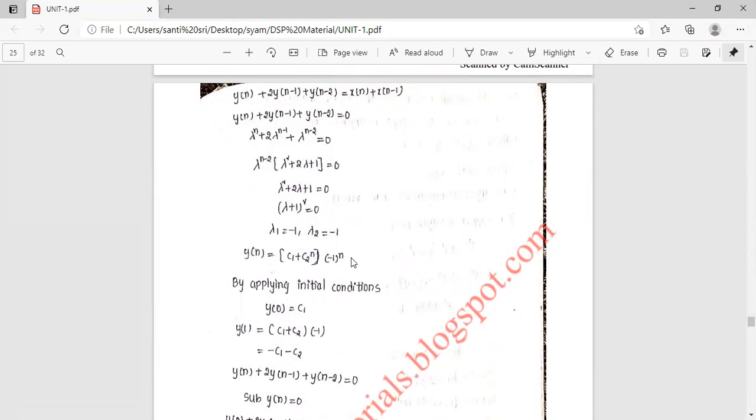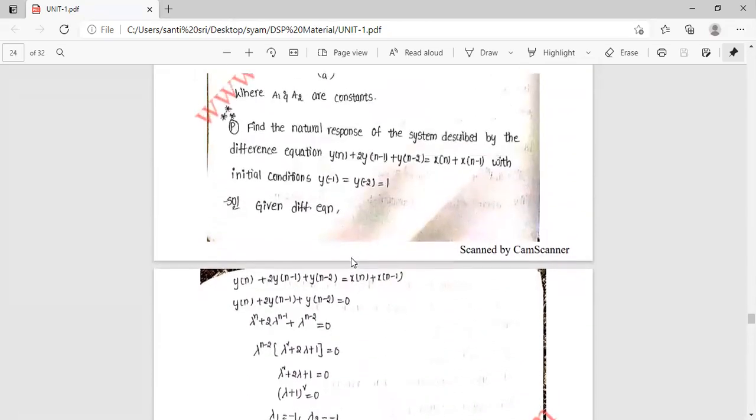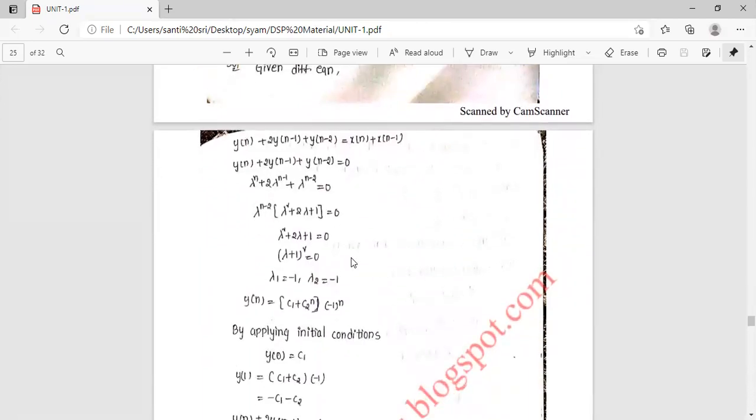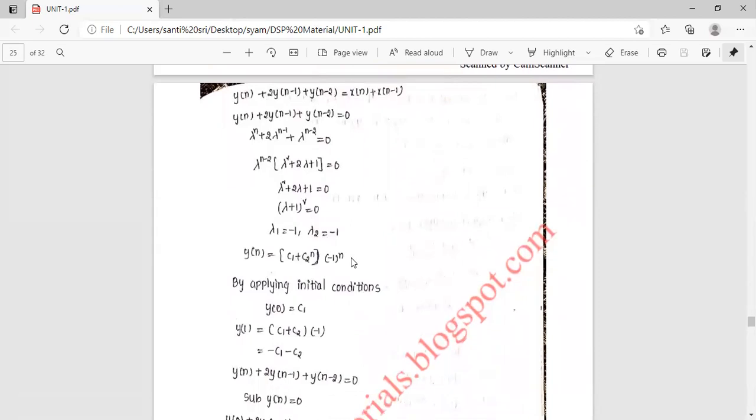By applying the initial conditions, y of 0 equal to c1, y of 1 is c1 plus c2 into minus 1, that is minus c1 minus c2.